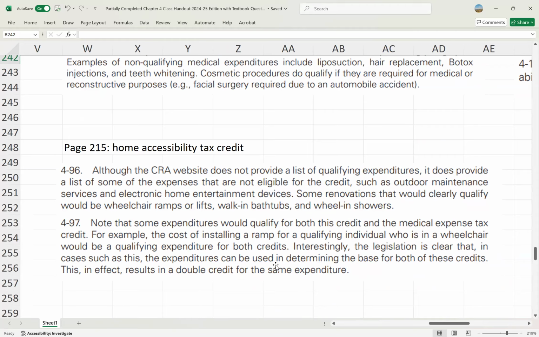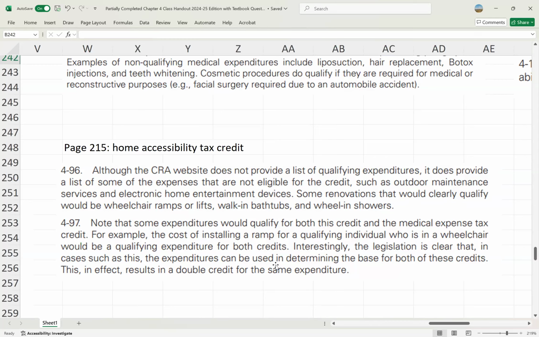So this home accessibility tax credit was introduced several years ago, realizing that a lot of Canadians need to make their home more accessible for maybe seniors, for maybe family members that have disabilities. And so this tax credit is the lesser of 20,000 and the amount of the qualifying expenditure.